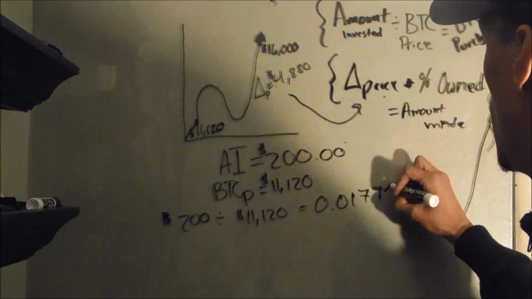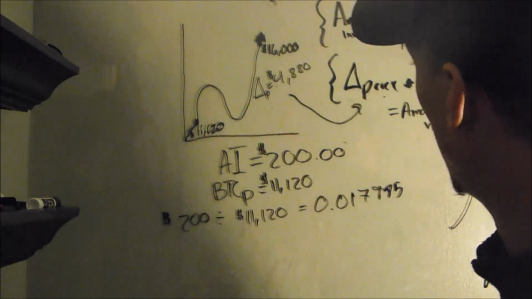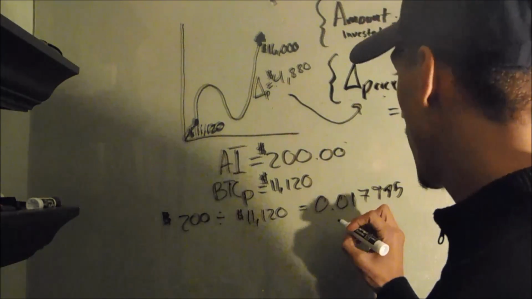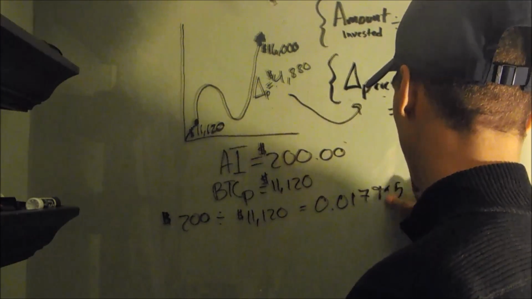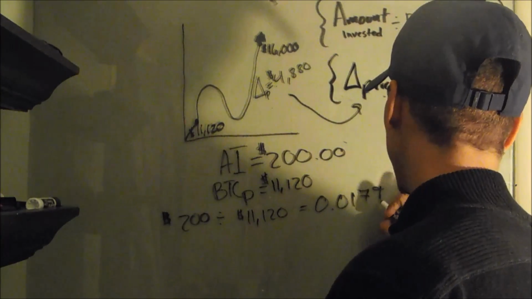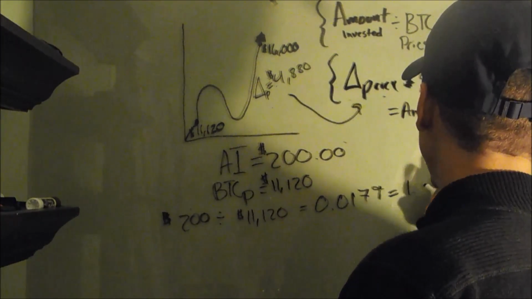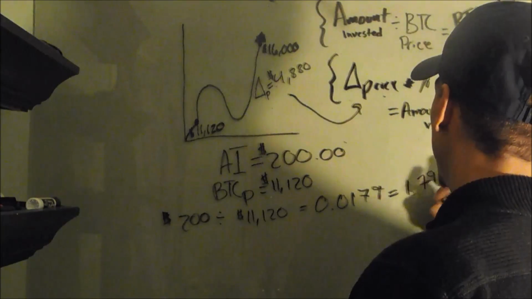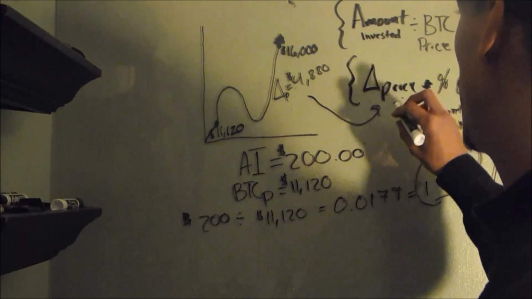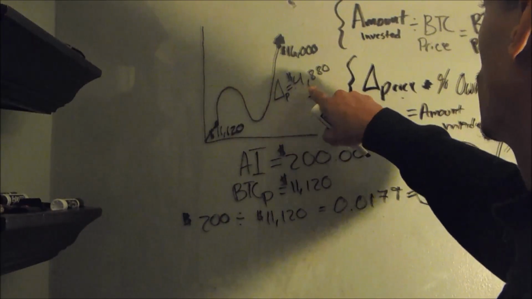From here, we can round this off to 0.0179, which is equal to 1.79%.